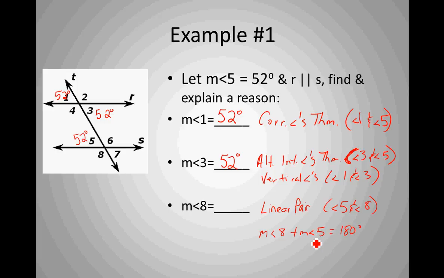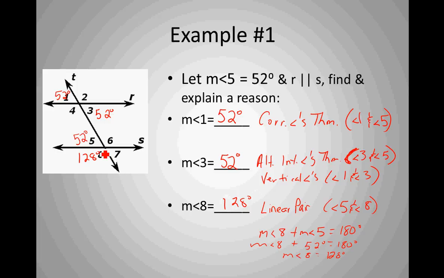You use the substitution property: the measure of angle 5 is 52 degrees. And finally, if you subtract the 52 degrees, that means the measure of angle 8 would have to be 128 degrees. So just writing out those algebraic steps, you can get that.